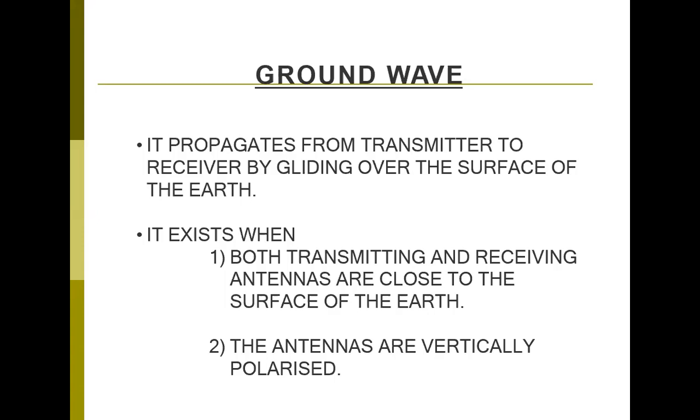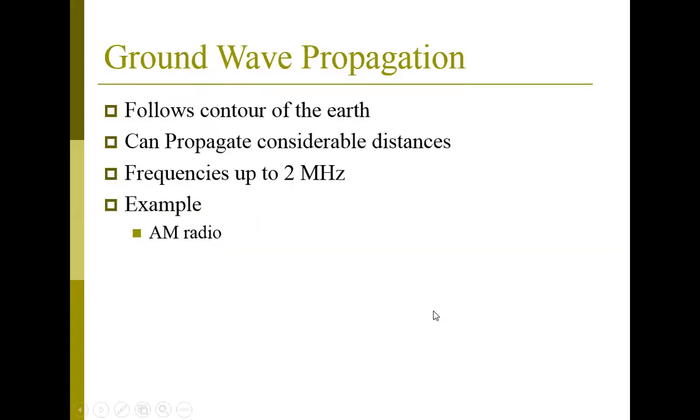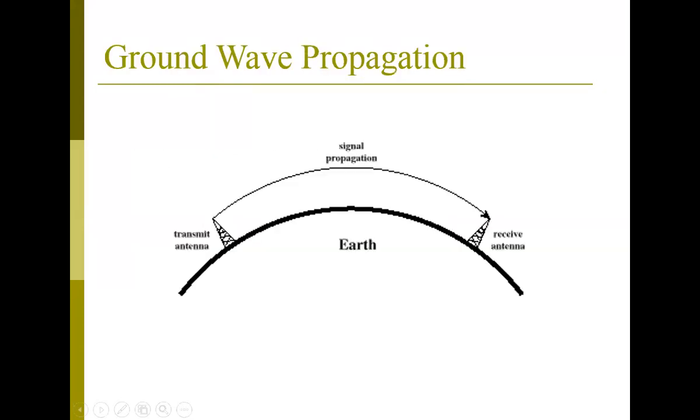That's why it is said to be a ground wave. It exists when both the transmitting and the receiving antennas are close to the earth's surface. In this diagram, you can observe that they are very close to the surface of the earth.